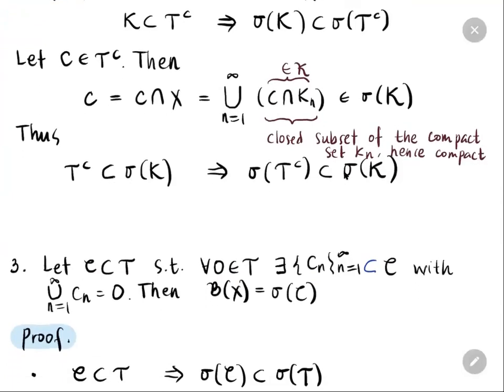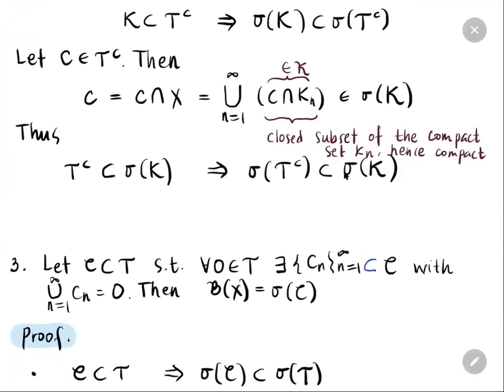Okay, so the proof is simple. Of course, based on the assumption here, since C is contained in T, the sigma algebra generated by C is contained also in the sigma algebra generated by the open sets. So now we have the first inclusion.